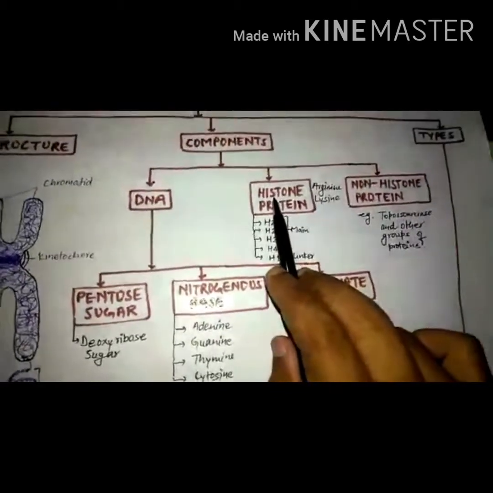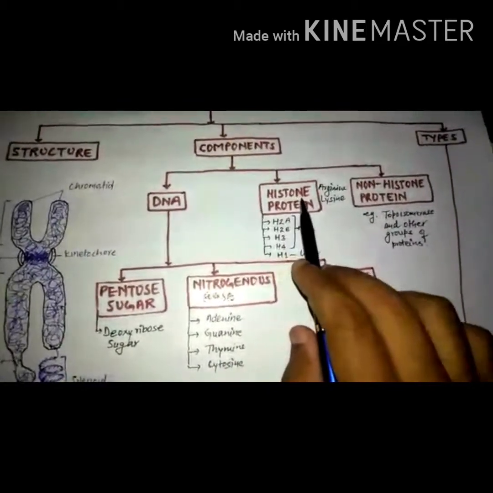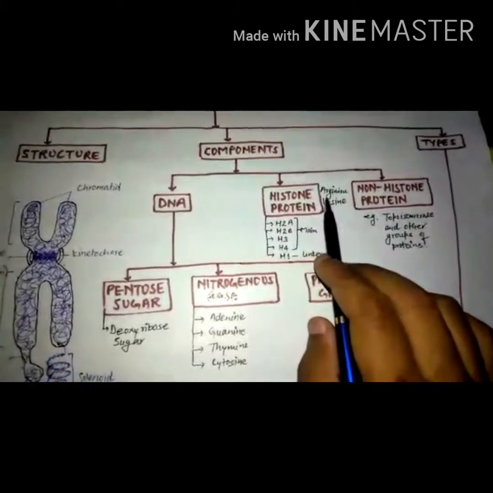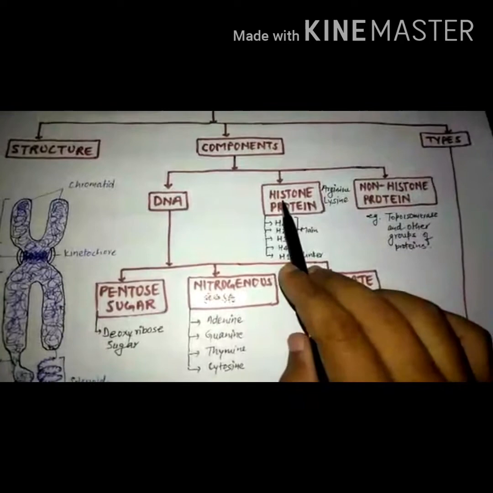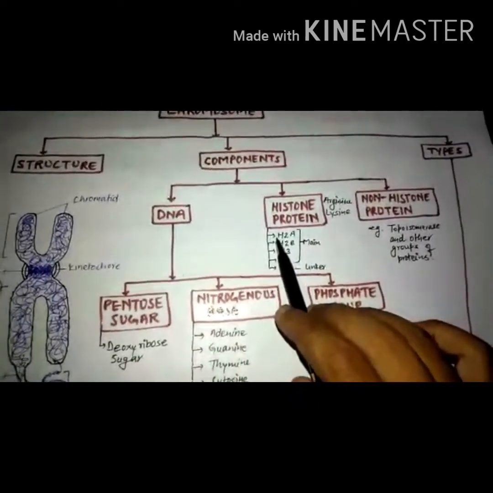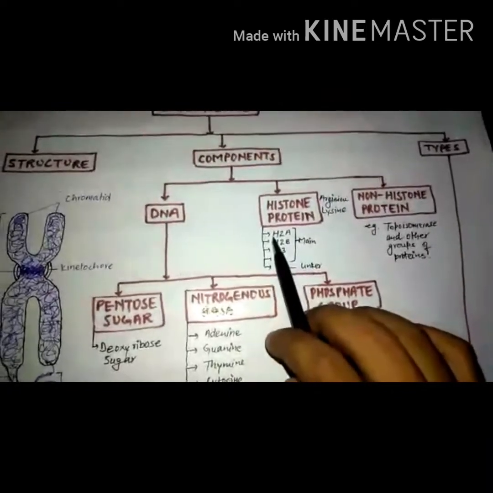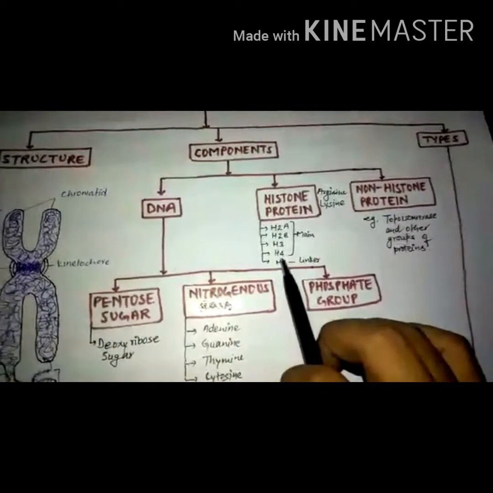The next component of the chromosome is the histone protein, a basic protein that comprises mostly arginine and lysine. The histone proteins consist of the following types: first H2A, second H2B, third H3, and fourth H4.